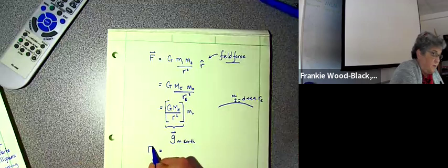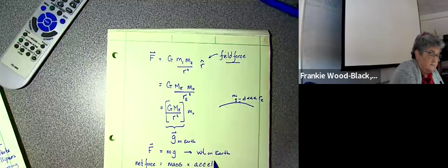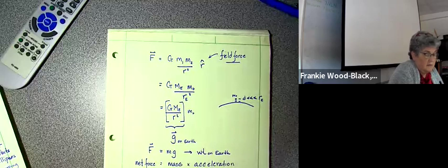And now my force for my object on Earth gives us our weight on Earth, which looks like my net force is equal to my mass times my acceleration, which is the common version of the second law.